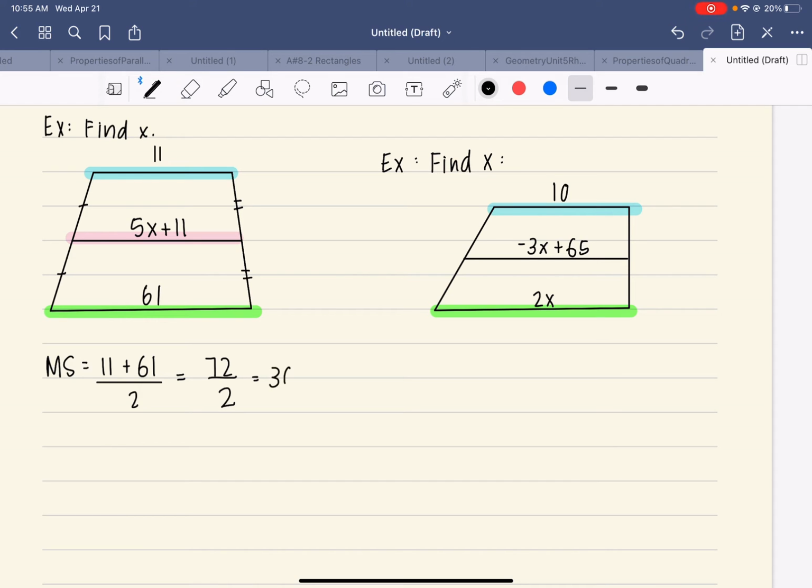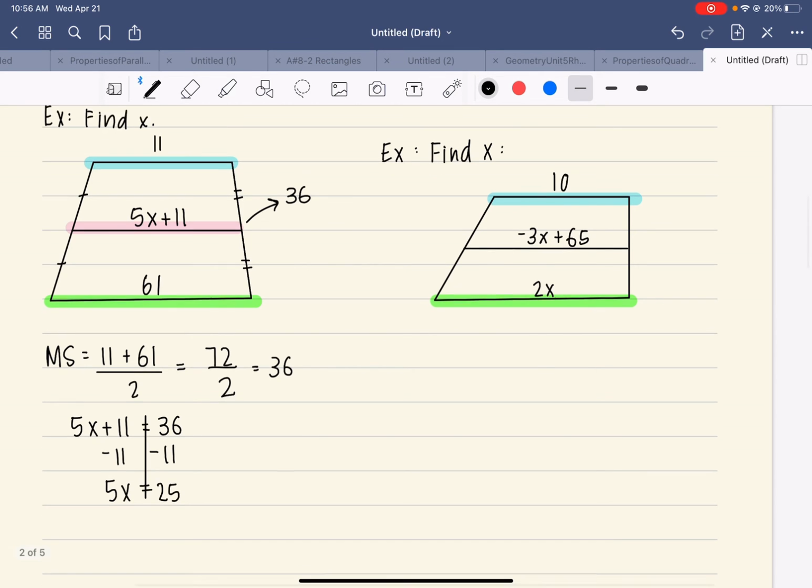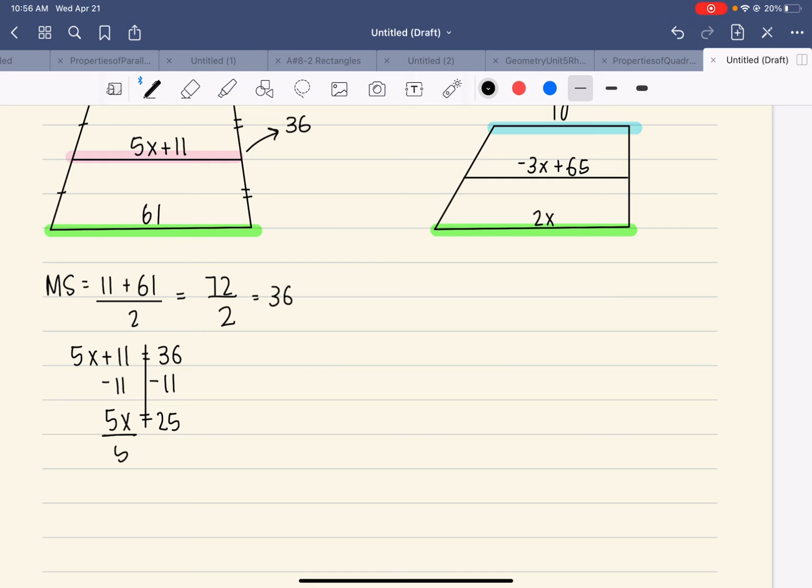So we know the value of the mid-segment here is 36. If I'm just trying to find x, I can set 5x plus 11 equal to 36 and then solve. Subtract 11, and I'm left with 5x equals 25. Divide by 5, and x equals 5.